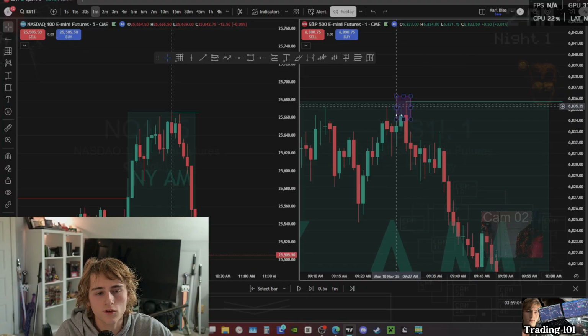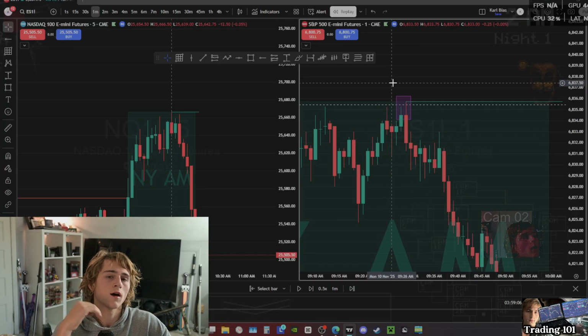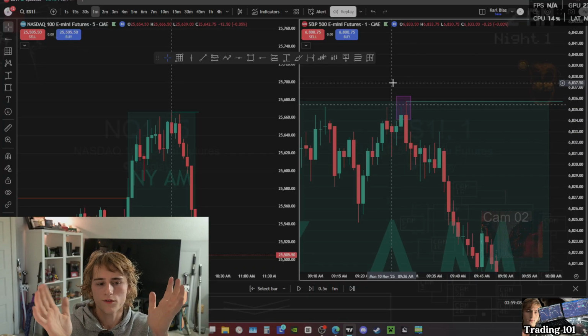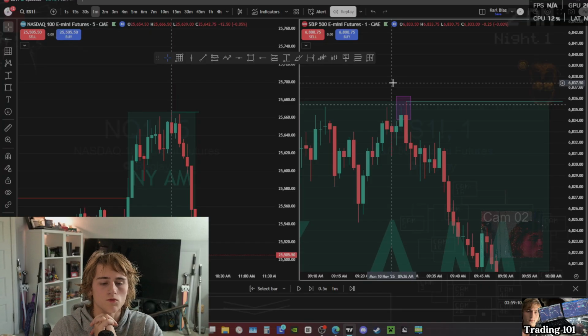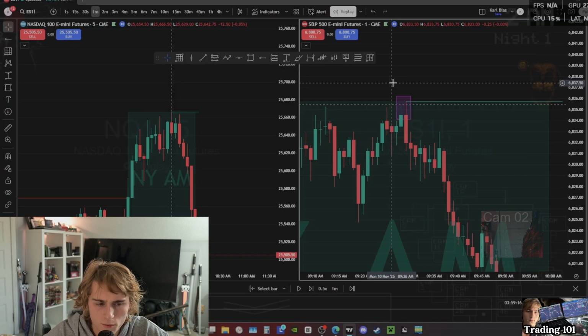So when price touches this 5-minute high, do you think it's going to dip down right away? Do you think it's just going to go down right away, or do you think there's going to be some price moving down and then price moving up again to rebalance and then price moving back down? That's the more probable thing.